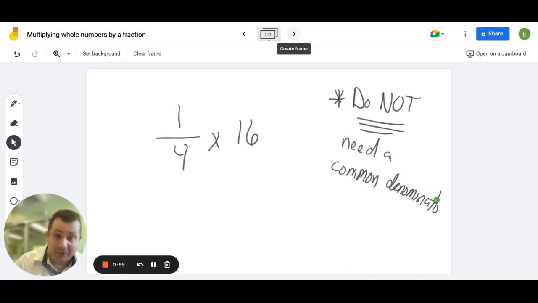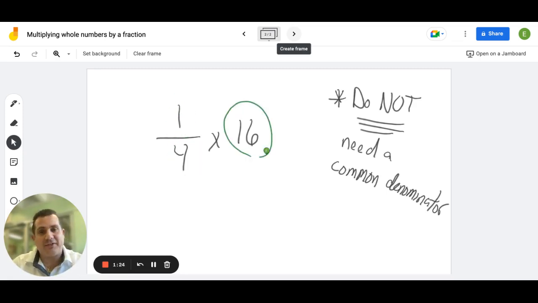All right, because we have been doing a lot of work with adding and subtracting fractions where you need to find a common denominator, you do not have to. So you could multiply straight across your numerators and your denominators. But now if you take a look here, we know that my 1 is my numerator, my 4 is my denominator.